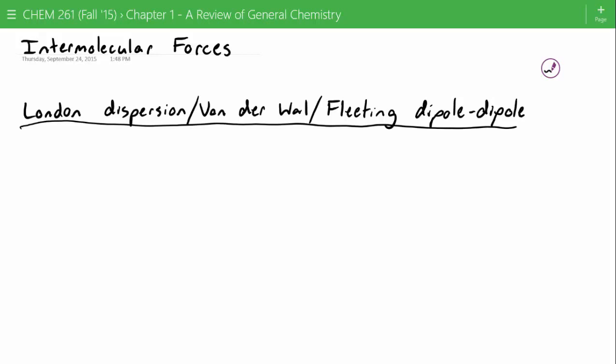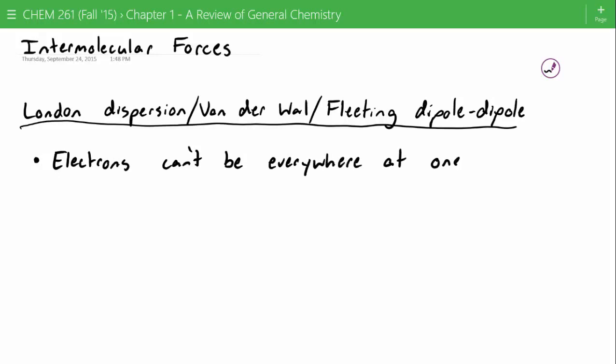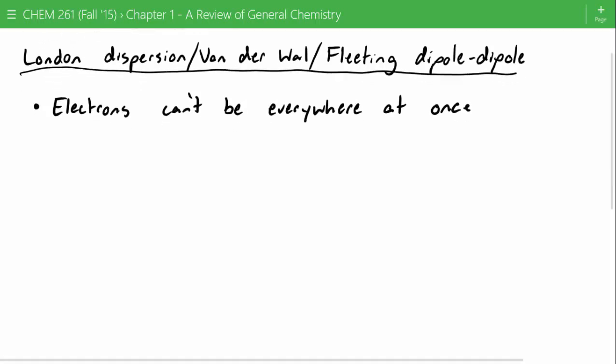And the overall idea behind London dispersion forces is that electrons can't be everywhere at once. And so let's take an example of this.